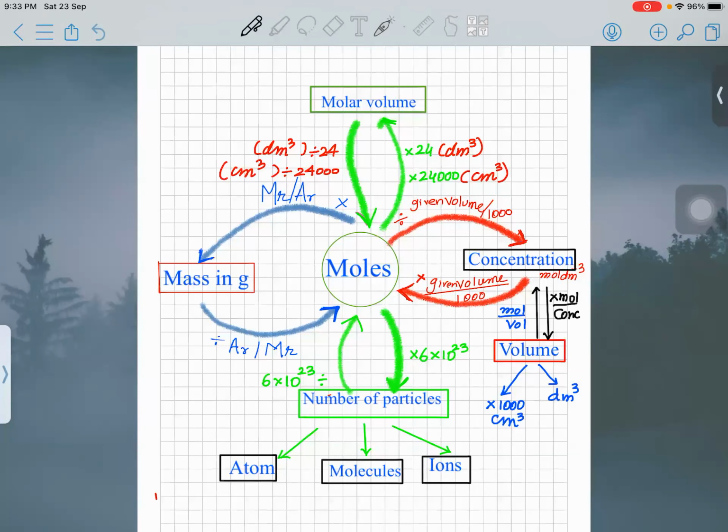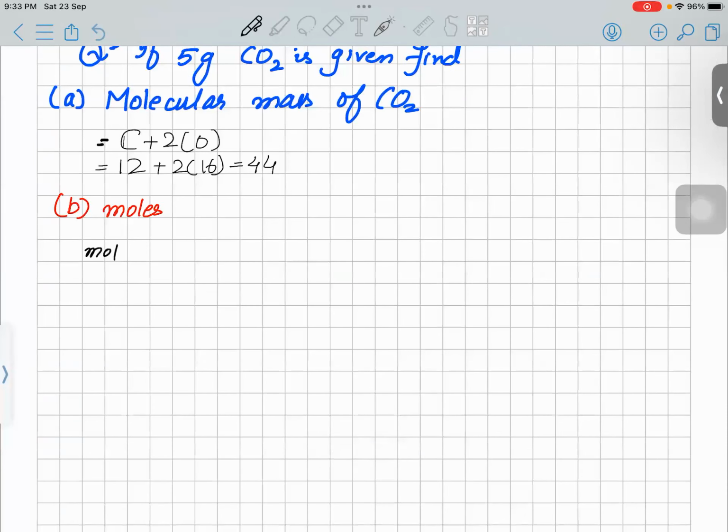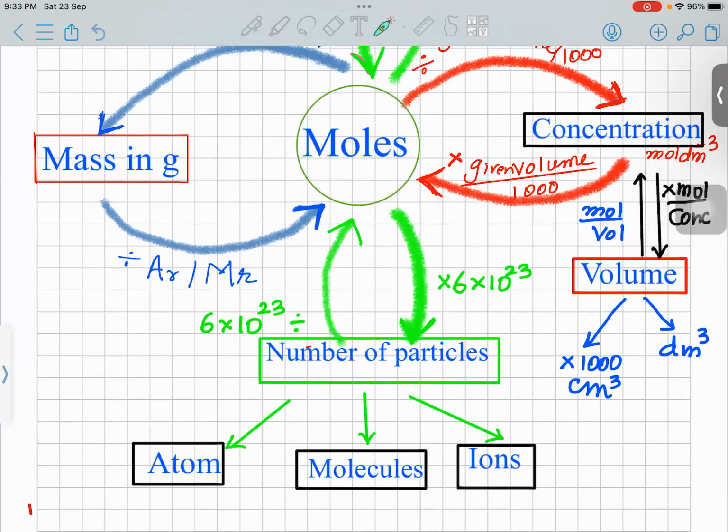So we have to divide it by the MR. Very good. So mole is equal to mass in gram divided by MR. When you divide mass in gram by AR or MR, you will get the moles.